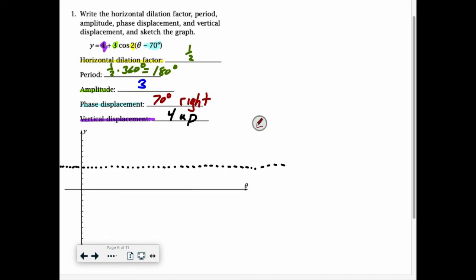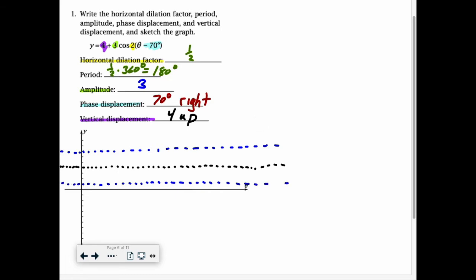Now, the amplitude. Amplitude is 3, so I'm going to go up 3 from my vertical displacement, 1, 2, 3, and draw similar lines. And I'm also going to go down 3, because that's going to be my max and my min.